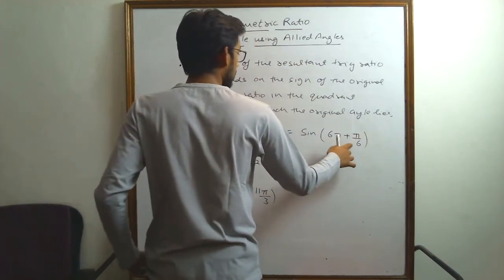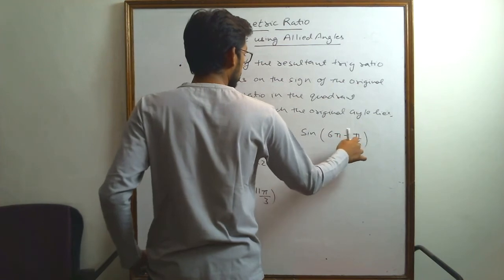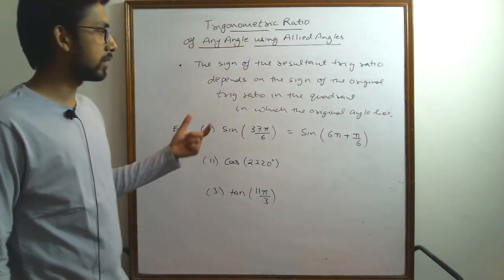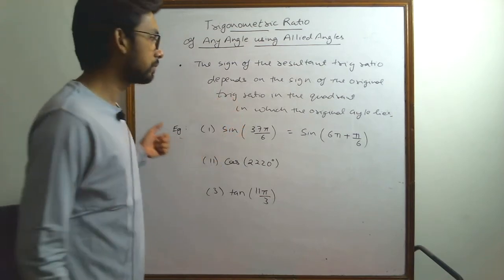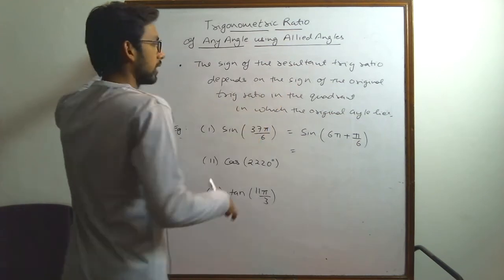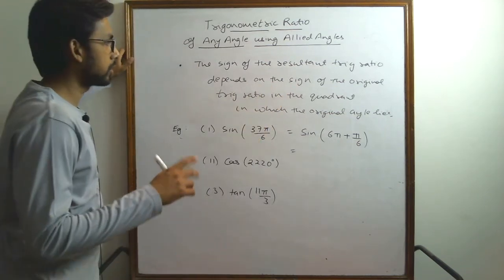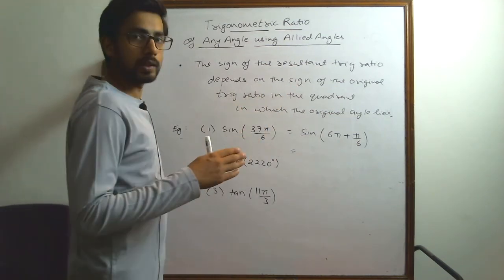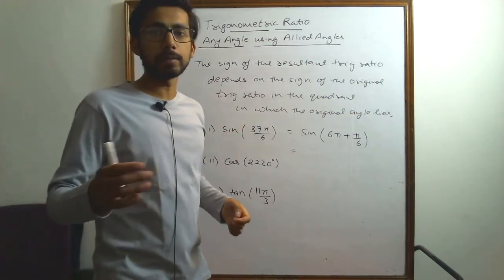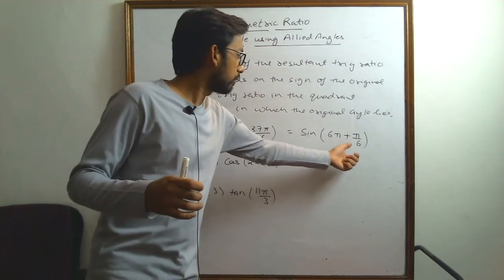Because if I take the LCM, this will be 36 pi plus pi upon 6, which is 37 pi by 6. So sine of 6 pi plus pi by 6 is now in the form of an allied angle. Now apply the two rules that we have learned. The first rule was that the trigonometric ratio remains the same if the angle is of the form m pi plus minus theta, and this is of that form.